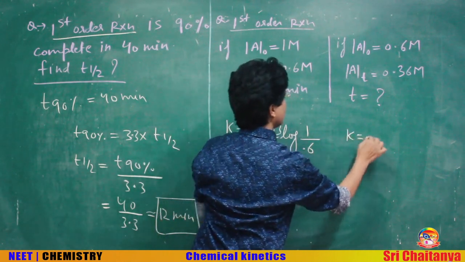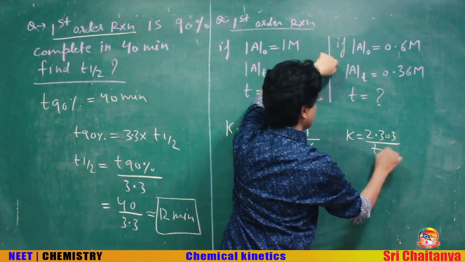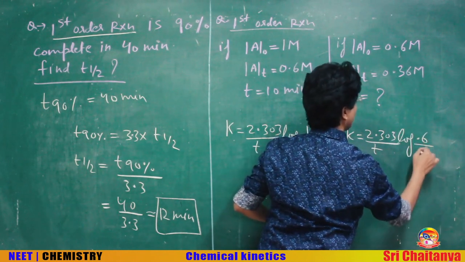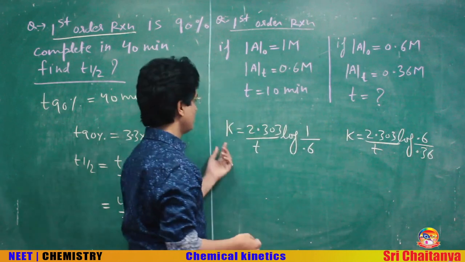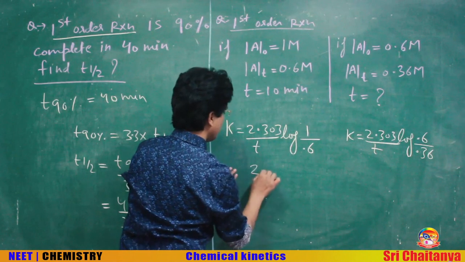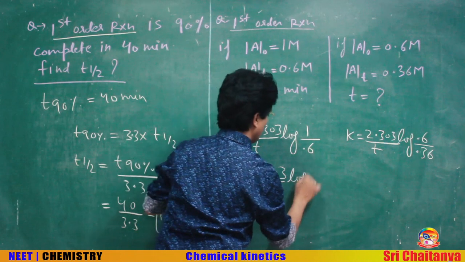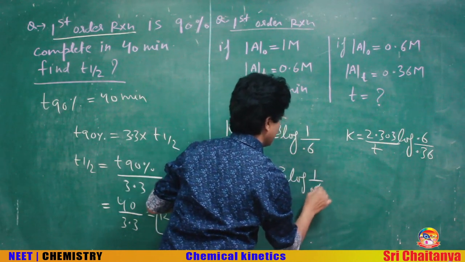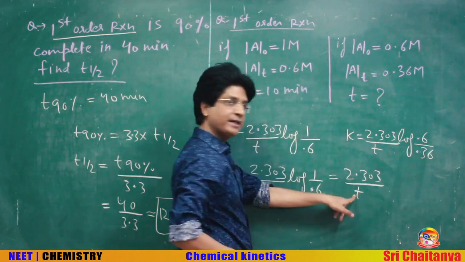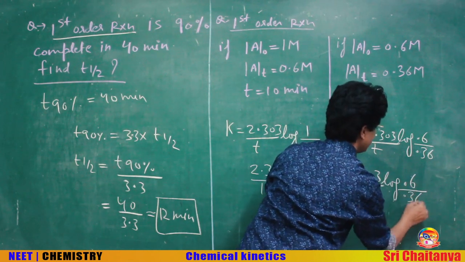And K for this will be 2.303 upon T log of 0.6 molar upon 0.36 molar. Since they both are equal, can we equate that? Yes, we can definitely equate that. This will be 2.303 upon T, given as 10 minutes, log of 1 upon 0.6 should be equal to 2.303 upon T, we have to find it out, log of 0.6 upon 0.36.